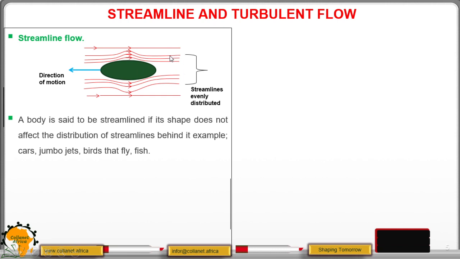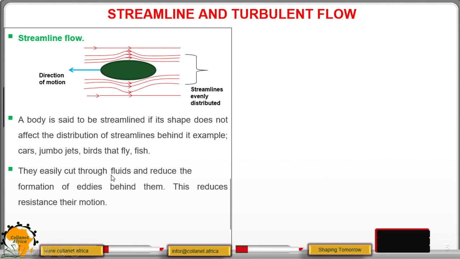They are still uniformly distributed here. It means that they will flow in a streamline flow. Such objects include cars, turbojets, birds that fly, fish, etc. So they are streamlined bodies.